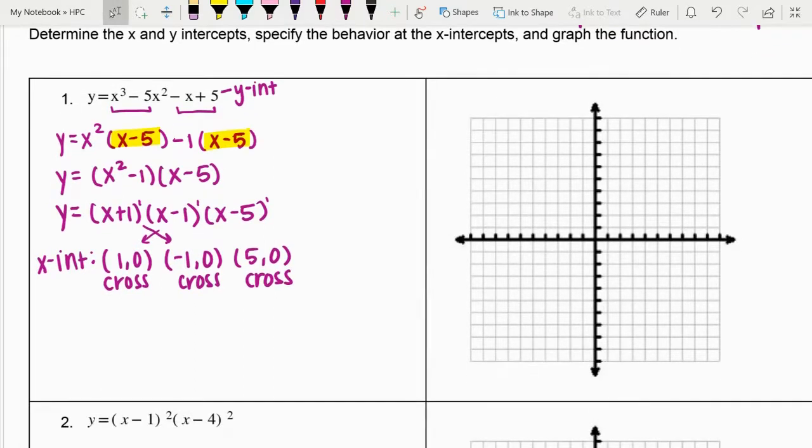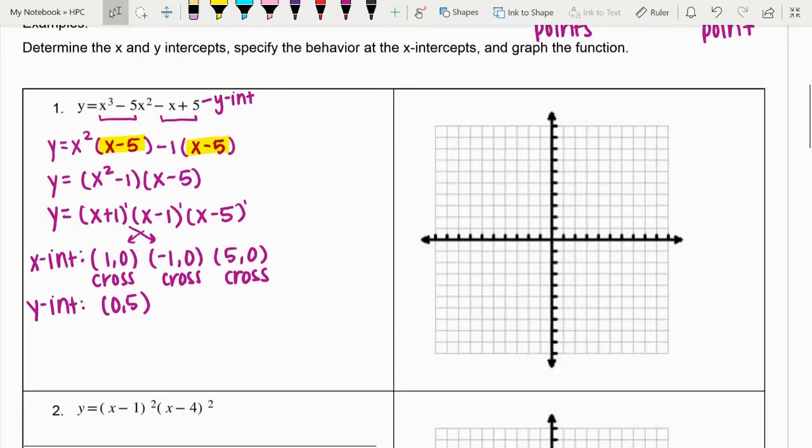Okay? And then I know that my y-intercept is at (0, 5). Okay, so the next thing I'm going to do is go ahead and plot the points that I have. So I have my y-intercept at (0, 5). And then I have my x-intercepts at (negative 1, 0), (positive 1, 0), and then (5, 0).